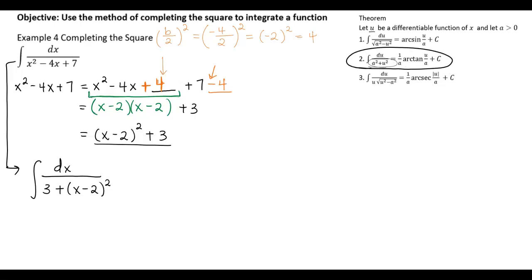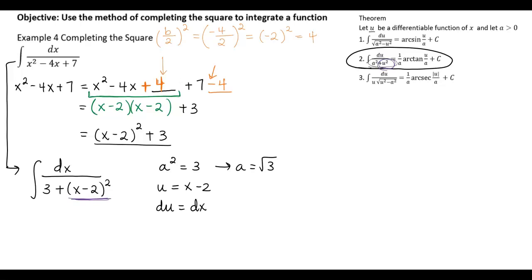Because now that would suggest that our a squared is equal to 3, so that our a is the square root of 3, and that our u is x minus 2, because we have x minus 2 squared in place of u squared. So if u is equal to x minus 2, then our du is simply dx.